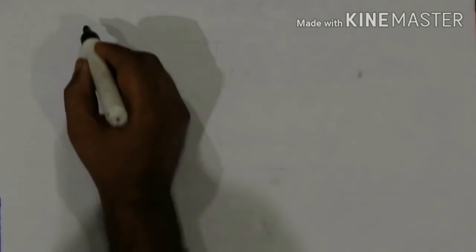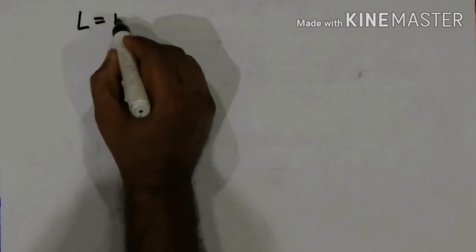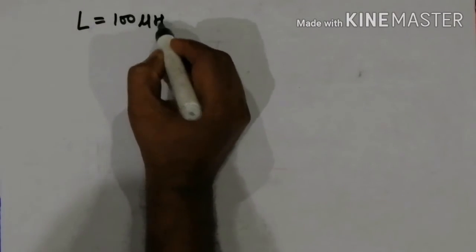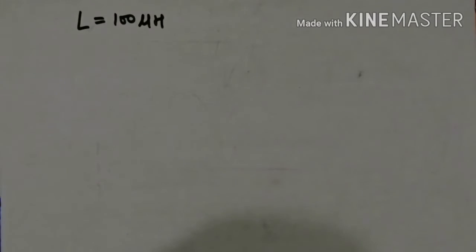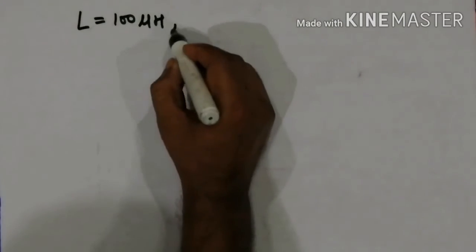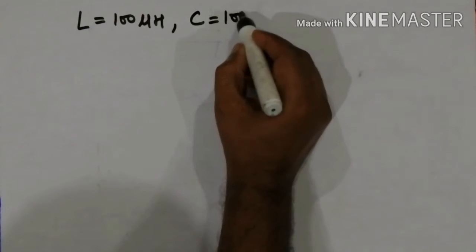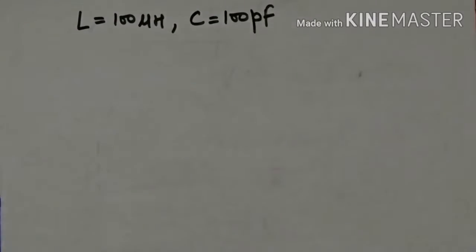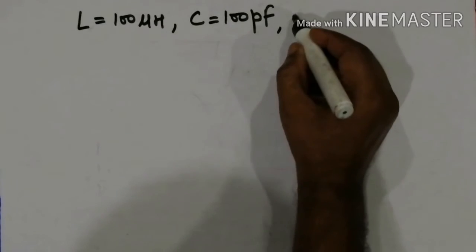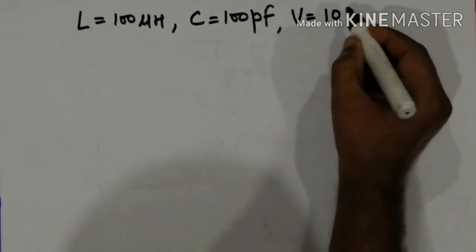According to the question, the value of L is 100 microhenry and the value of capacitance C is equal to 100 picofarad, right? And this circuit is connected through a voltage that is 10 volt. Voltage supply is 10 volt.